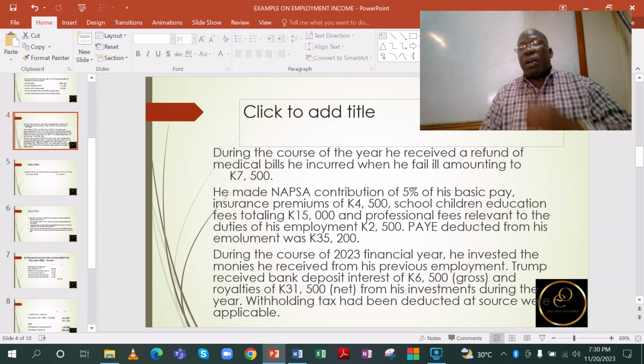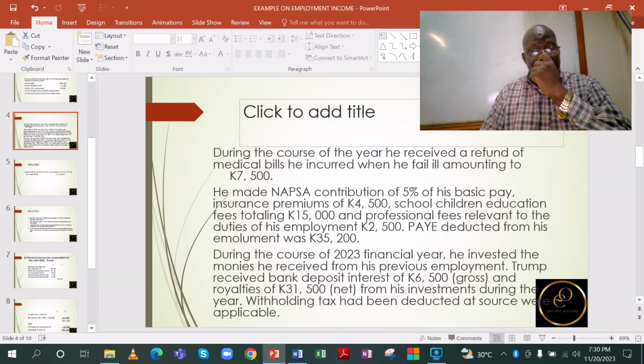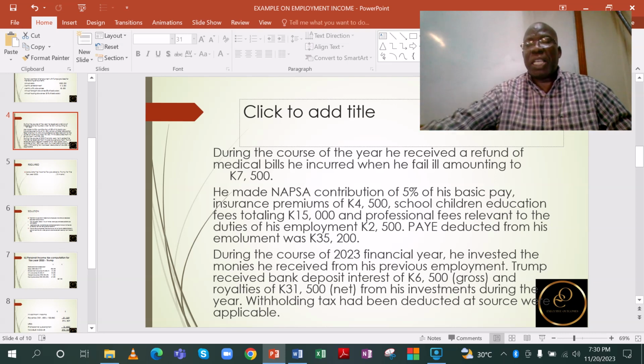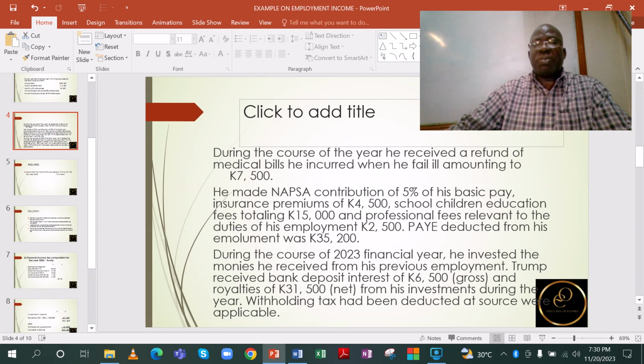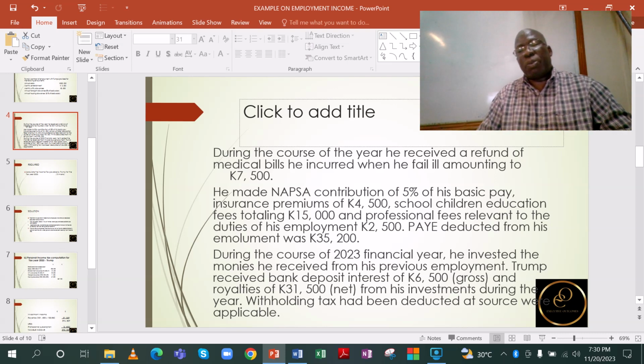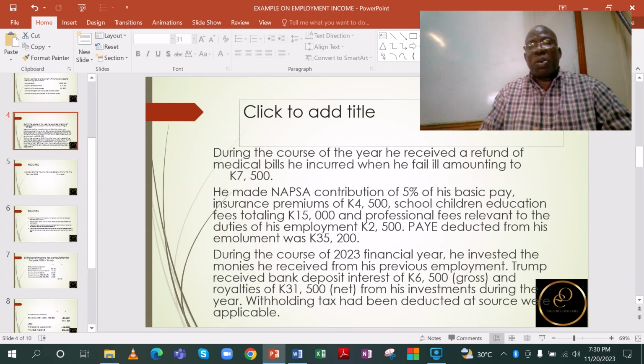Now, when the payment is made not by the employer but by the employee, then it's not taken to be a taxable income. But if the employer pays on behalf of the employee, then it becomes a taxable income, so it would have been included under emoluments. Particularly on the professional fees, we are told that this is relevant to the duties of his employment.